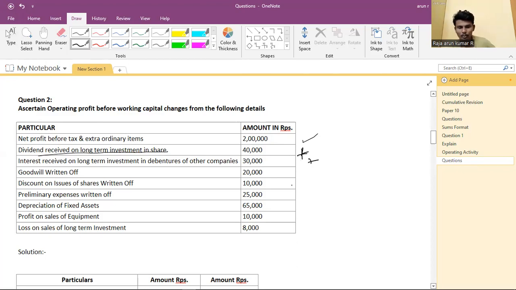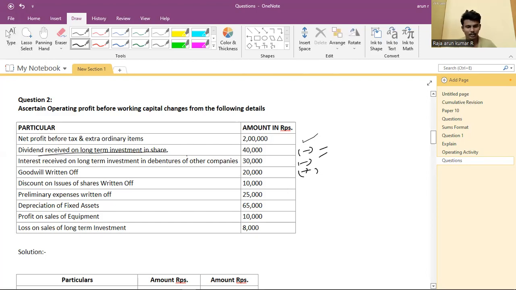Then goodwill written off, expenses, direct expenses, depreciation, amortization, everything we add. Sorry, the dividend received we will less. Interest received, we less it. Dividend received: expenses and losses are added, incomes and gains are less. Discount issue of shares, we do not take it.